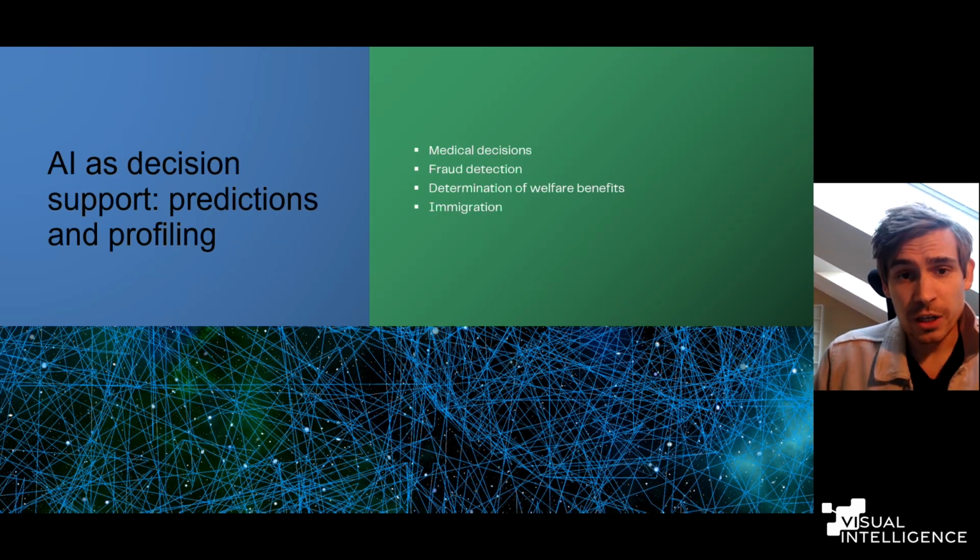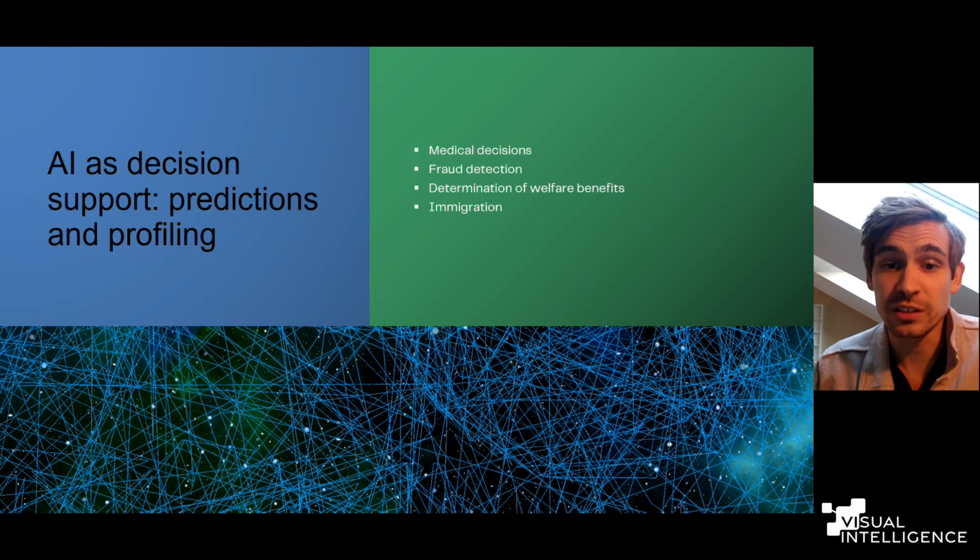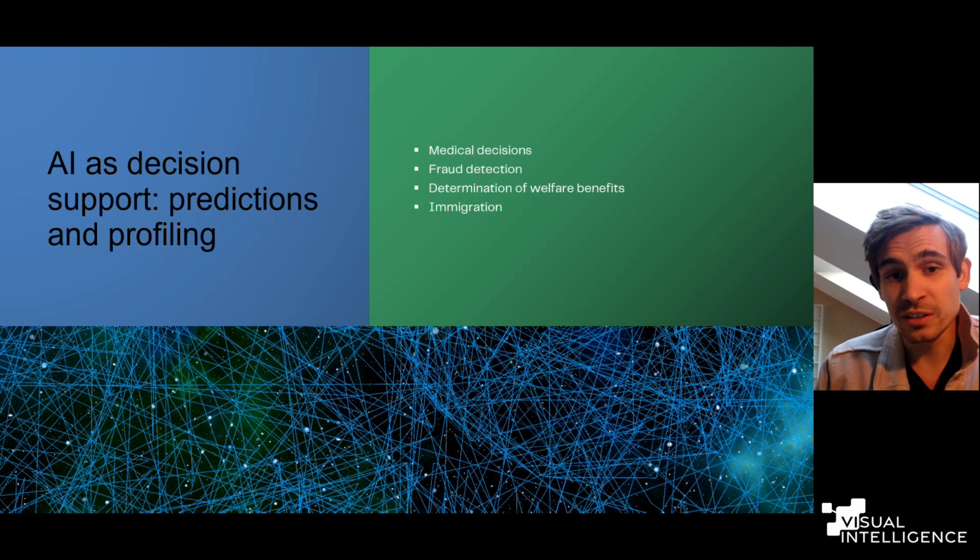Just some examples of decisions that AI systems can be used for in theory. Medical decisions such as diagnosis, prognosis, treatment recommendations, and even prioritization between patients is imaginable. There are also several other decisions within the public sector where research is being conducted to see if AI can be used. For example, fraud detection, where you have profiling, trying to classify persons who represent a higher risk of committing fraud, for example, and the determination of welfare benefits or immigration applications.